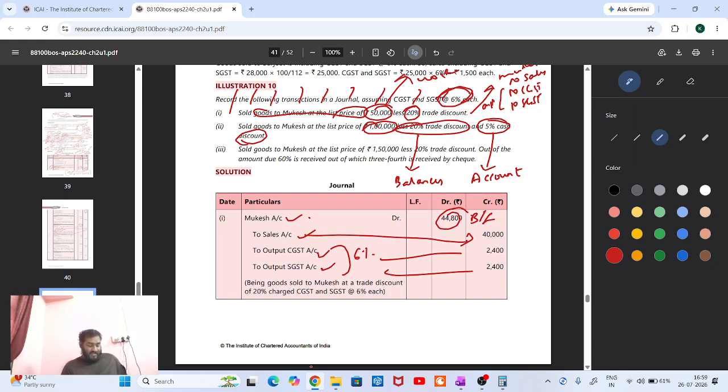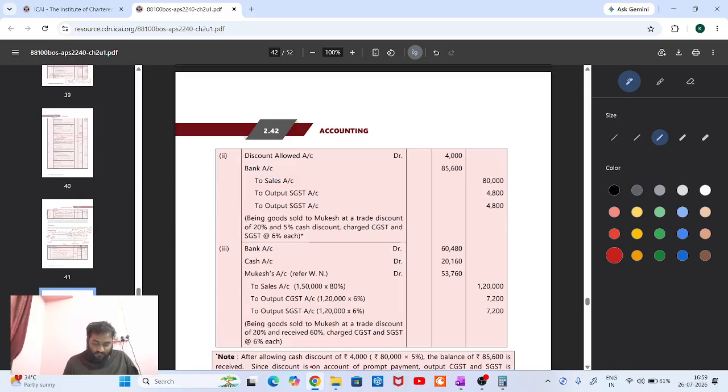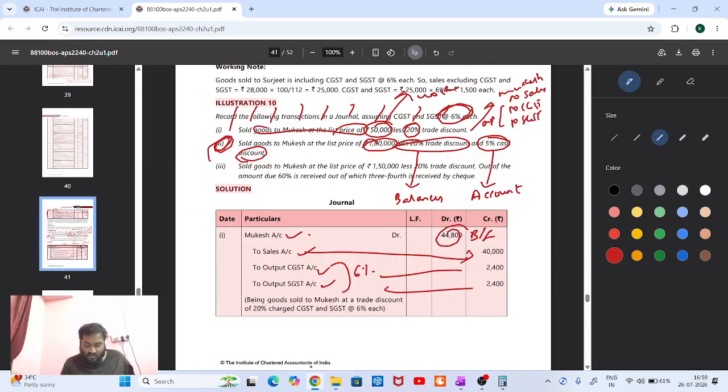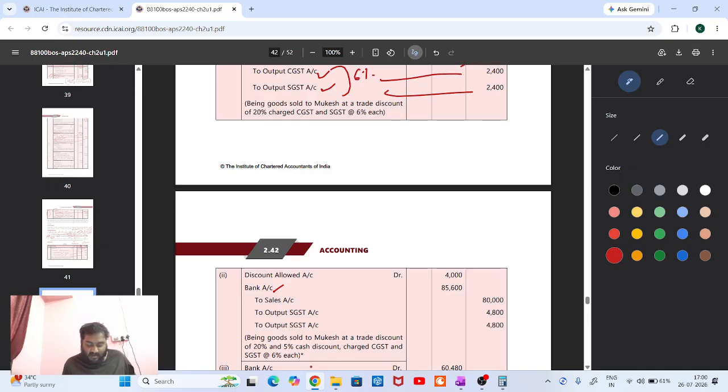Anyway, the journal entry. Okay, mark this. So, bank account. Why did we get bank account? Sold goods to Mukesh at the list price of 1 lakh rupees. I think that we should get Mukesh here, not bank.